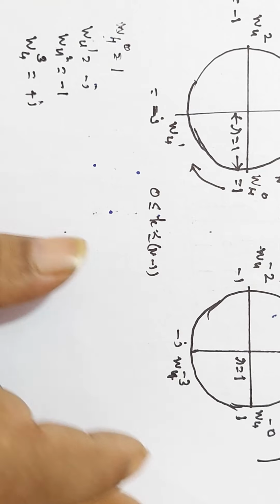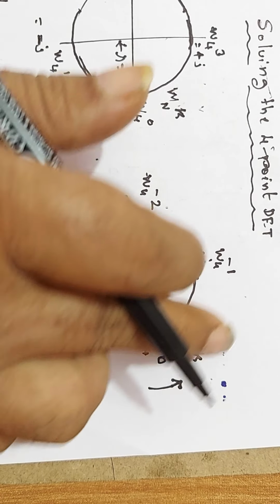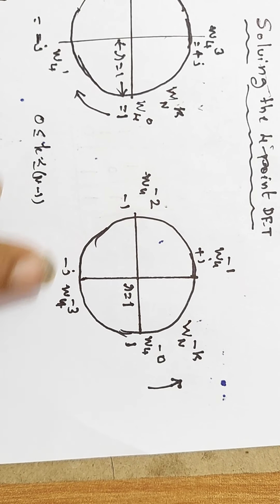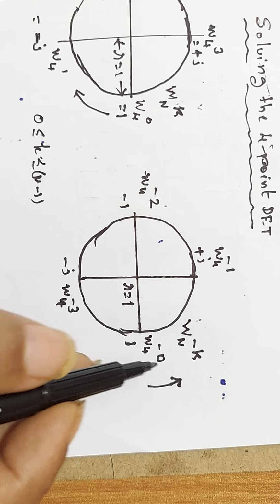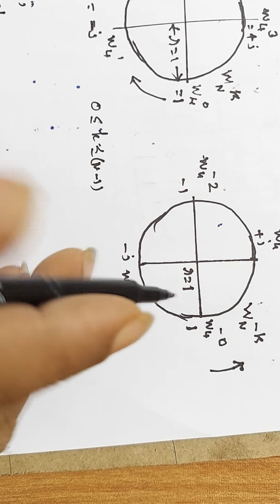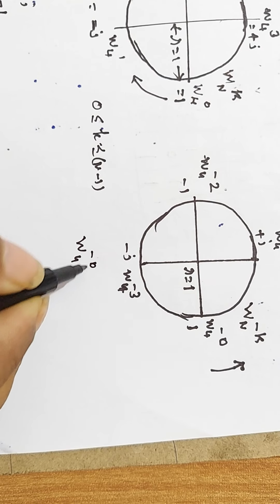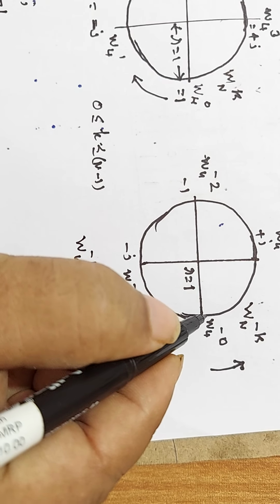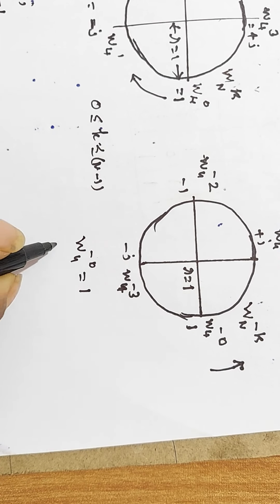And you see that the negative samples are represented in the anti-clockwise direction. From this circle, we know that W_4 to the power of minus 0, anything to the power of 0, is 1. Therefore, in this case also, W_4^(-0) is equal to 1. Now, W_4^(-1) is plus j.